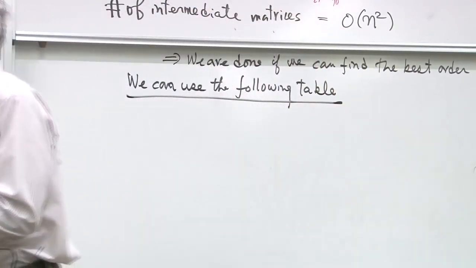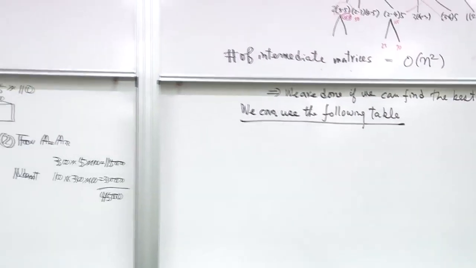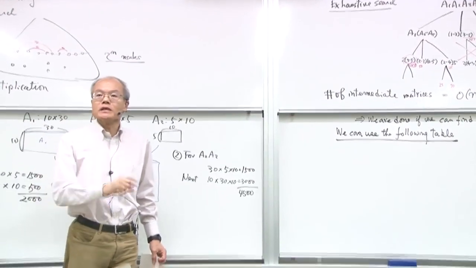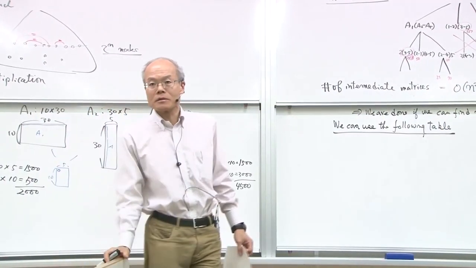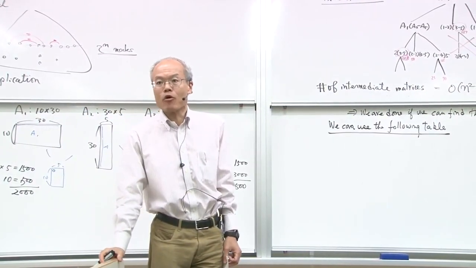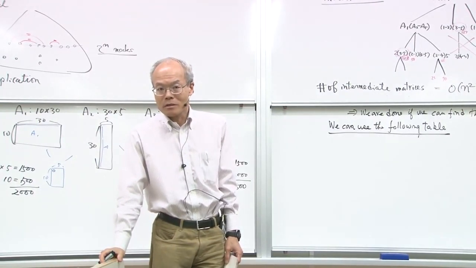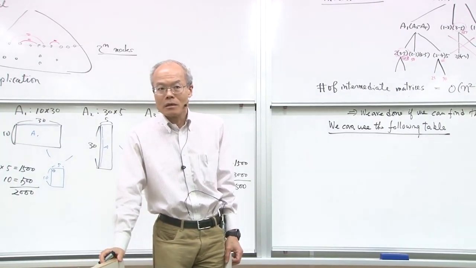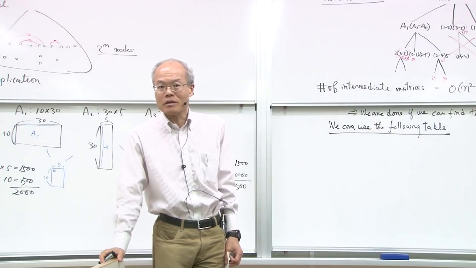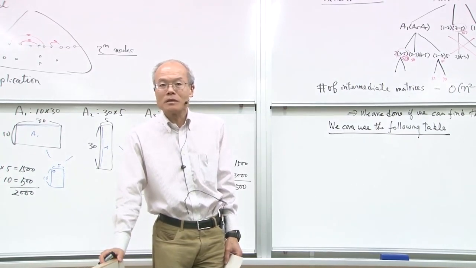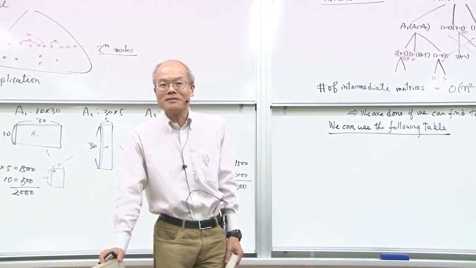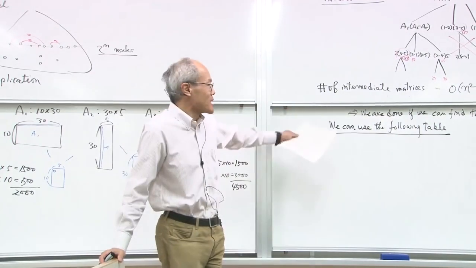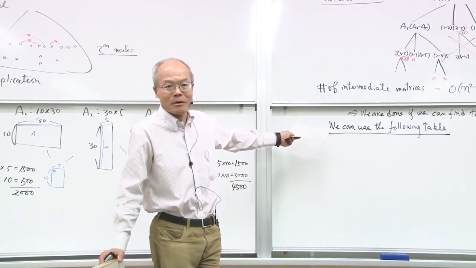The table exactly looks like what you see in the standard textbooks explaining dynamic programming. So when you see explanations of DP, you usually come across this kind of table. I'll show you this table in a moment.